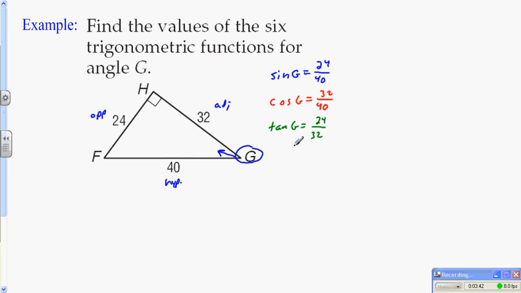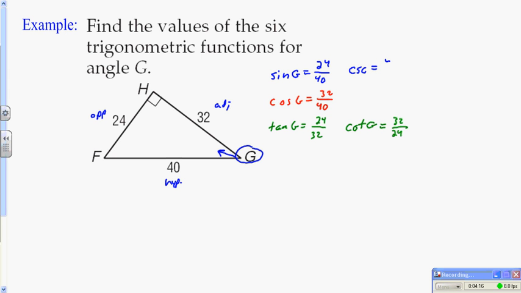Now the most intuitive, the one that makes sense, is tangent. The opposite of tangent is cotangent. I shouldn't say opposite. The reciprocal of tangent is cotangent. So cotangent of G is 32 over 24. The other two are, like I said before, not quite as intuitive. Sine of G, its reciprocal, is cosecant.